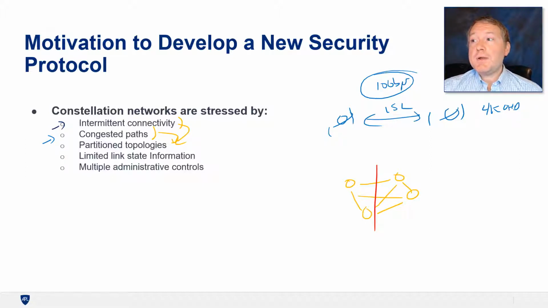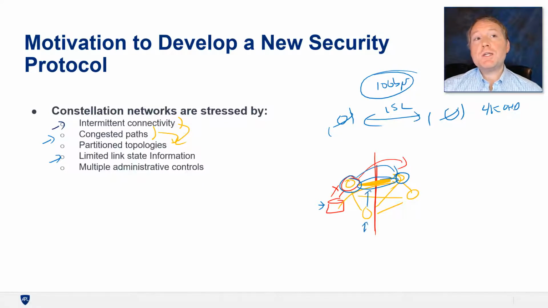At that point, spacecraft either can choose to throw away their data, or they can start storing their data and hope that there is a time in the future when the connection would be reestablished, then data would be able to flow again. The ability to measure individual link state. Even if you are directly involved in one link, you are not going to be able to really push all of that immediate link state information.